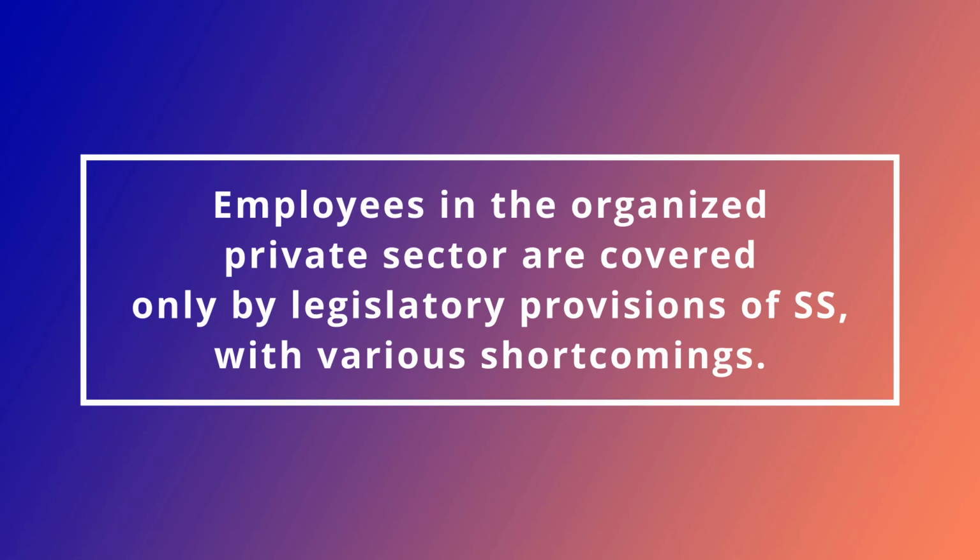And this is the basic problem with the private sector. The problem is, they are only 6% of the total workforce. So the different acts and legislations made for the organized labor can cover only 6% of the total problem.